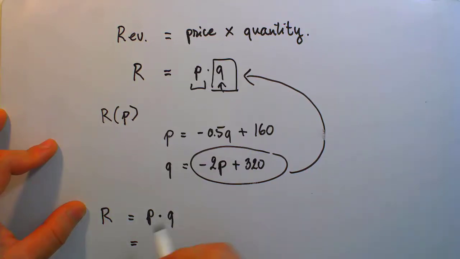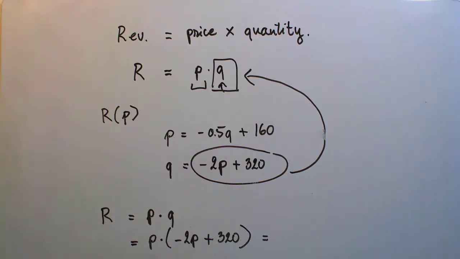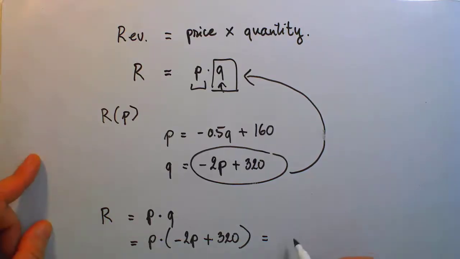So our revenue function becomes P times minus 2P plus 320. You can simply distribute that common factor lowercase p into each term, and we come out with minus 2p squared plus 320p.